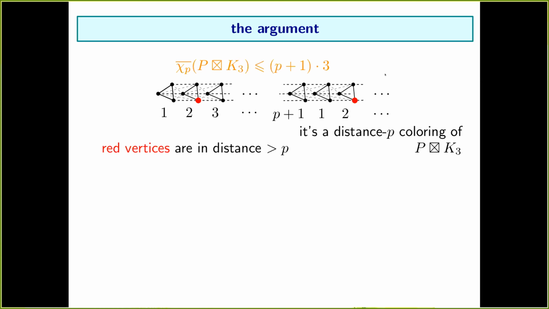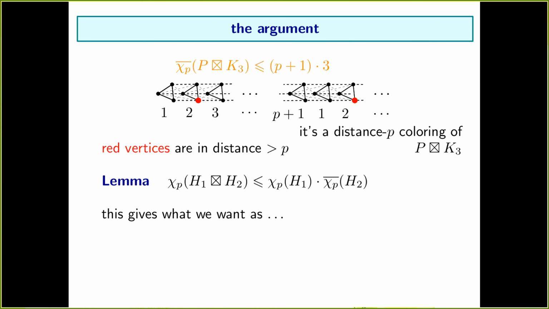This is a distance p coloring because if we are using the same color, those are triangles that have the same identifier modulo p plus 1, and they are more than p far away in the graph. So that coloring works. And here is the critical technical inequality.